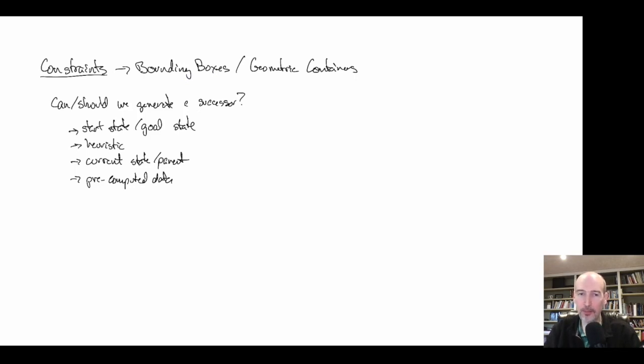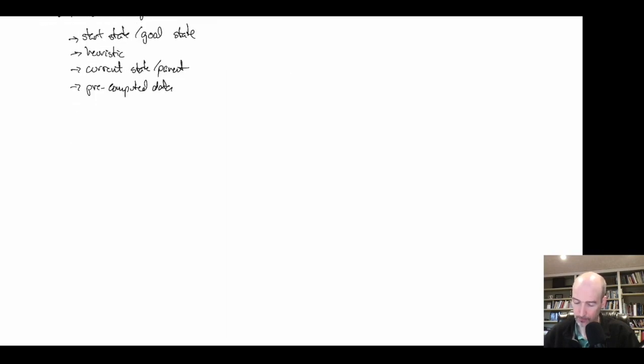So let's talk about what a bounding box is. So it's a constraint. And basically it says, if I'm thinking about what I'm querying here, the input is going to be a state, the current state, and an action. And the output is going to be a bounding box.